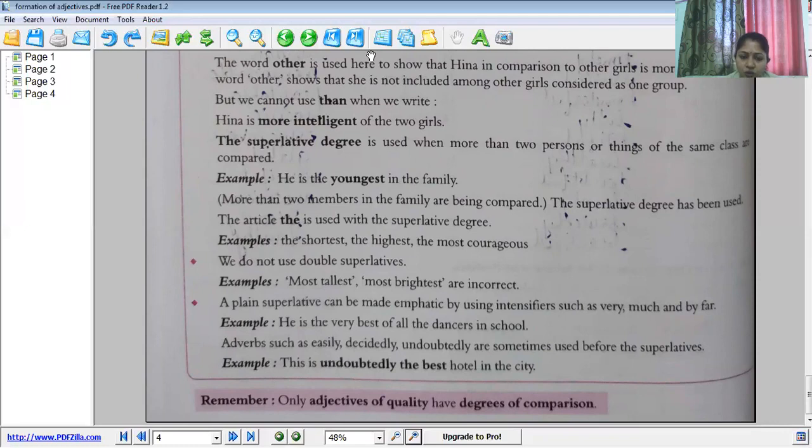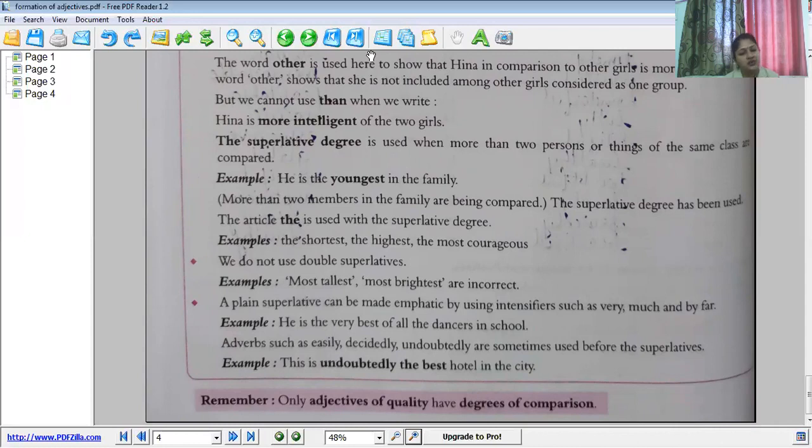So when you want to put more emphasis, what do we use? Undoubtedly the best hotel. Undoubtedly also serves as an adjective here. Okay? Easily, decidedly, undoubtedly are sometimes used before the superlatives to add more emphasis.